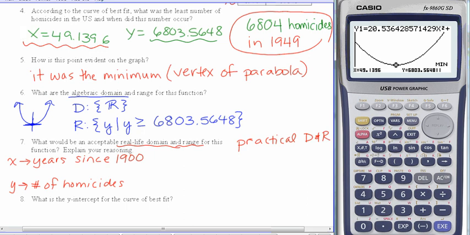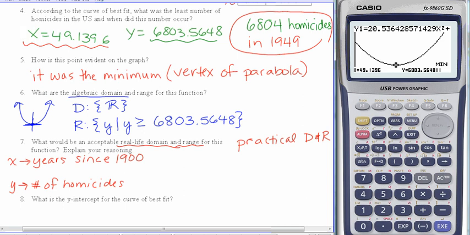So if x is the year since 1900, what kind of years are going to make sense in this function? Well, that depends. Should we allow ourselves to keep going negative for x? Maybe we could go before 1900. It starts to enter the zone where it's no longer realistic if we go too far outside of our original window for data.